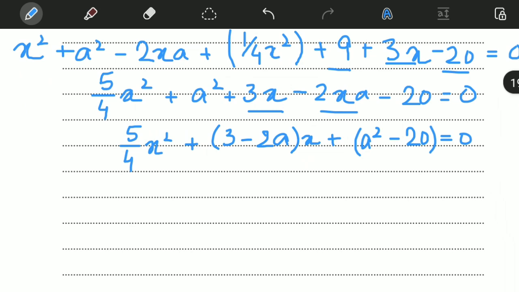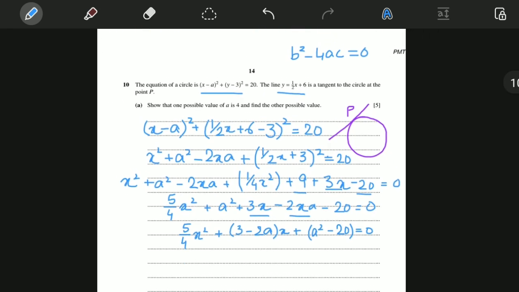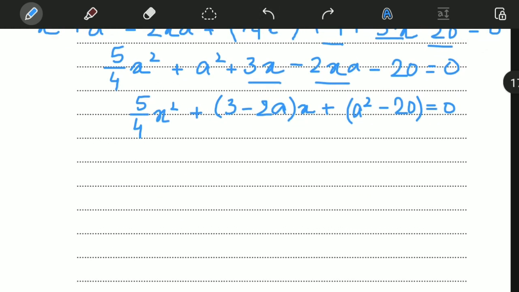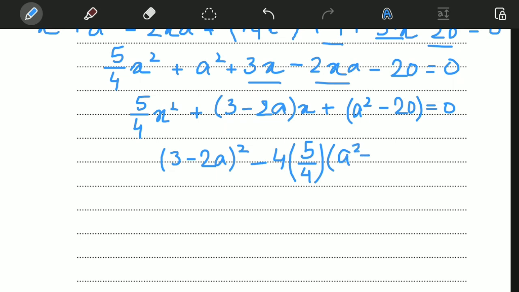Now, as I said in the start, we can apply b square minus 4ac equals 0 because we have just one point of intersection. So it will become 3 minus 2a whole square minus 4 times a c equals 0. Expand this: 9 plus 4a square minus 12a.